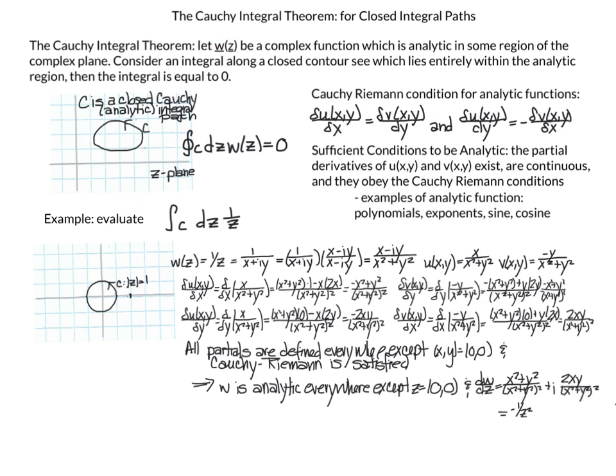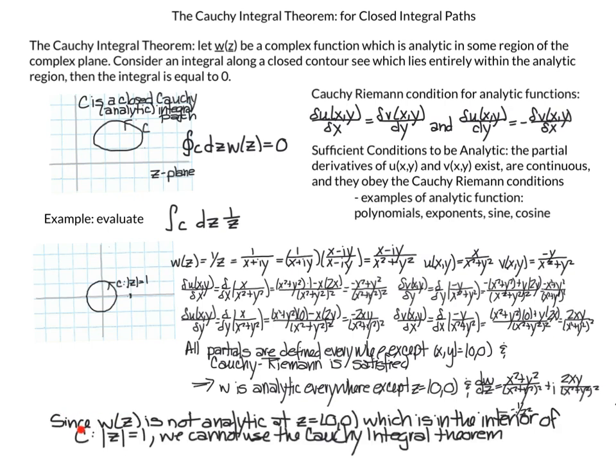And in fact, at this point, we don't have a way of evaluating that integral. And I just wrote that out here. Since w of z is not analytic at z equals 0, 0, which is in the interior of our curve, we cannot use the Cauchy integral theorem. And at this point, we don't have a way of evaluating the integral, but we will in a future video.